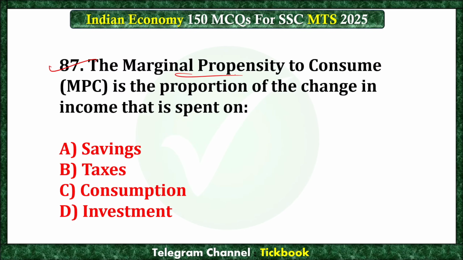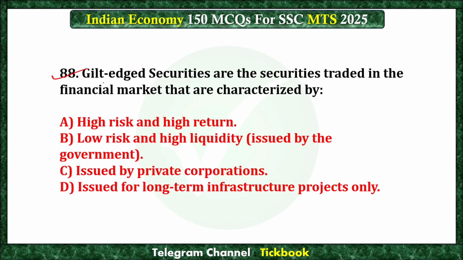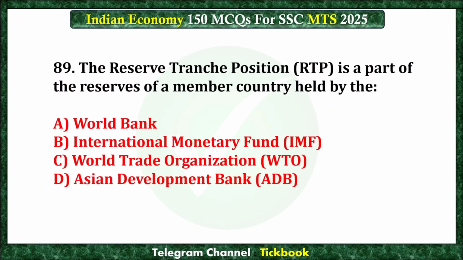The marginal propensity to consume, MPC, is the proportion of the change in income that is spent on option number C, consumption. 88. Gilt edge securities are the securities traded in the financial market that are characterized by option number B, low risk and high liquidity issued by the government.